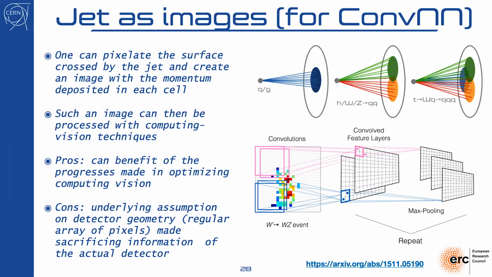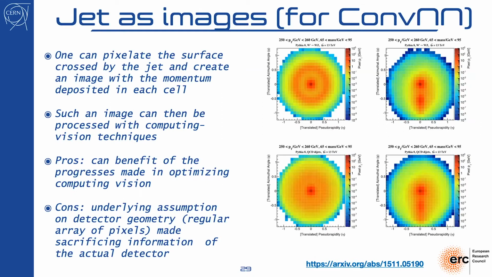And so this is yet another image, except that you have only one channel, which is the energy, the PT. And this is the kind of thing that you produce. This is not a single jet. This is the average image. So it means that you sum all the images in the data sets and then you divide by the number of jets.